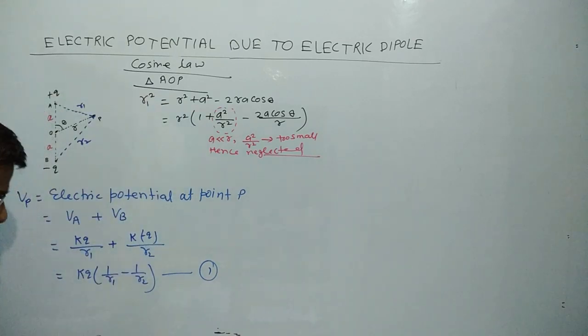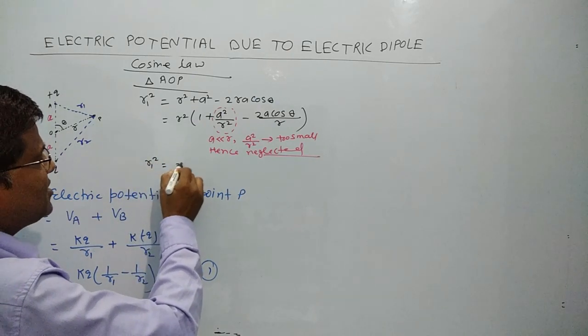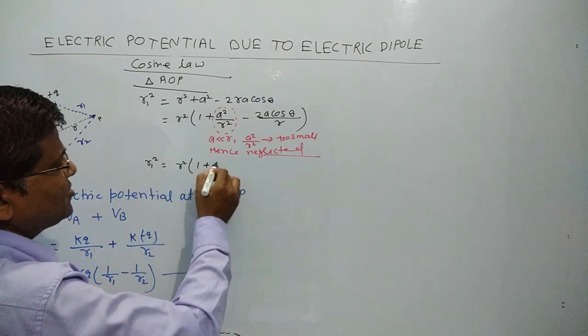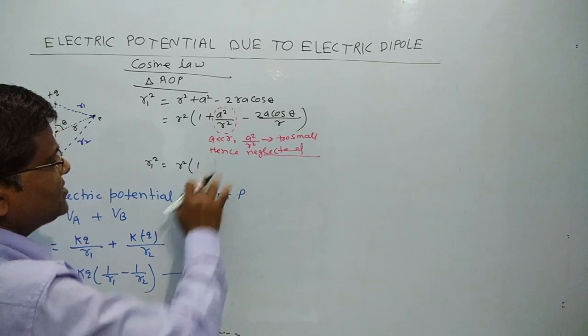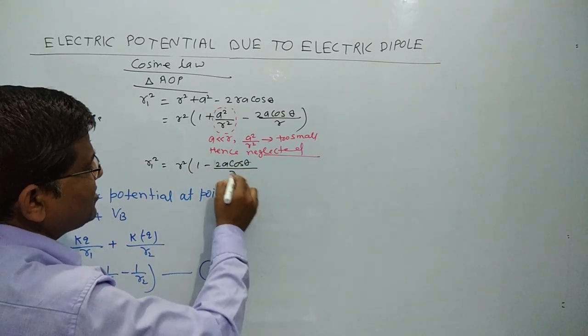Then the equation is R1 square is equal to R square times (1 minus 2A cos theta by R).